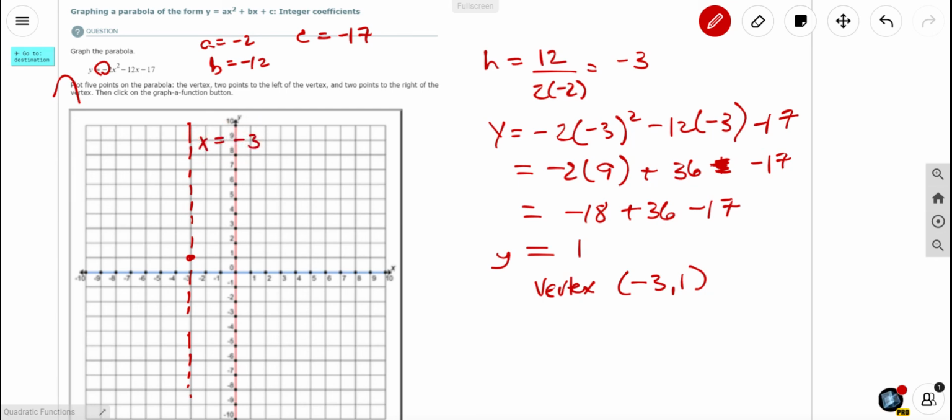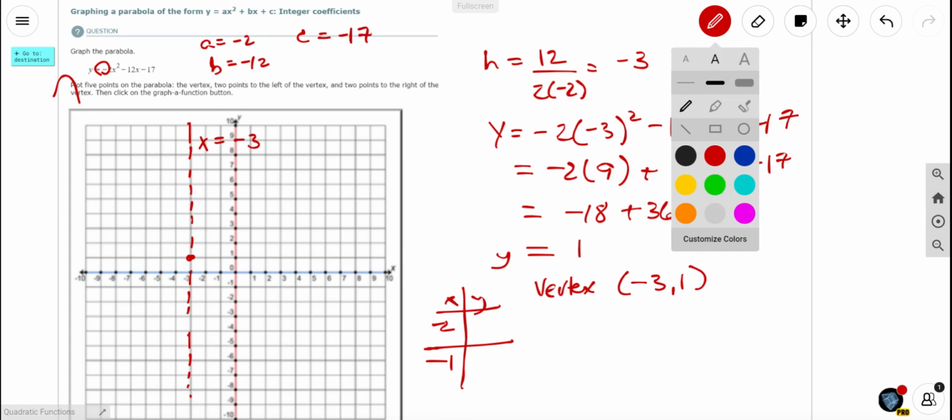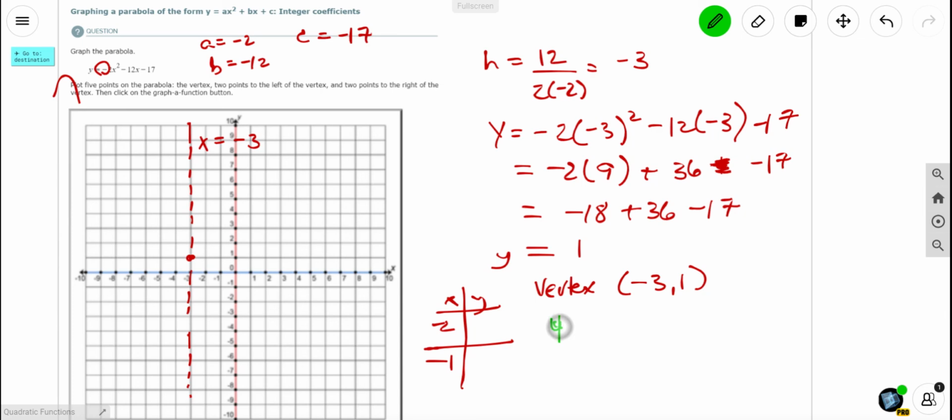All right, now we need to plug in 2 points. I'm going to pick 2, negative 1, x, y, negative 2, negative 1. Okay, I'm just going to do it right here, in a different color. y equals negative 2 times negative 2 squared minus 12 times negative 2 minus 17.